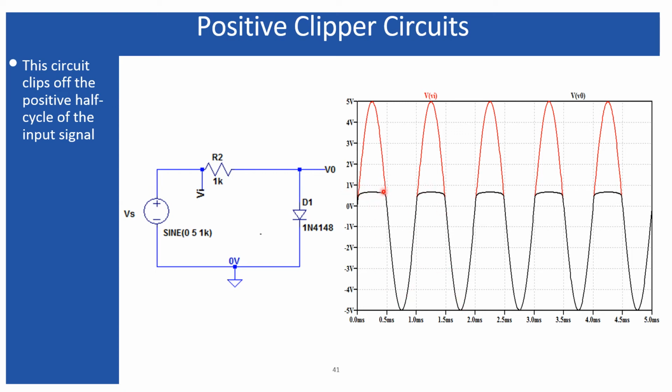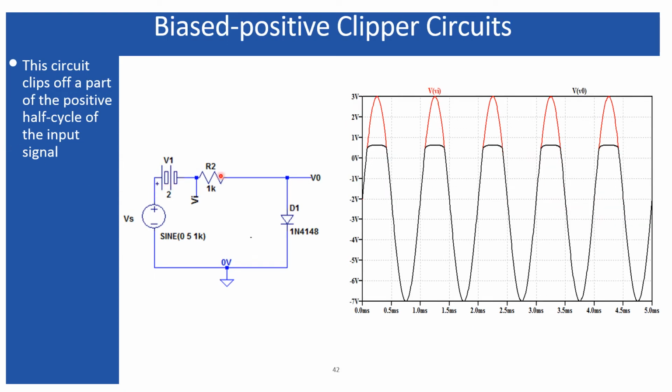The positive half cycle is off in the voltage expression of the output. This red one represents the input signal and the black one represents the output signal. Although the output follows entirely for the negative half cycle, it is 0 for the positive half cycle. Although it is not exactly 0 because the diode is consuming some amount of voltage across it.